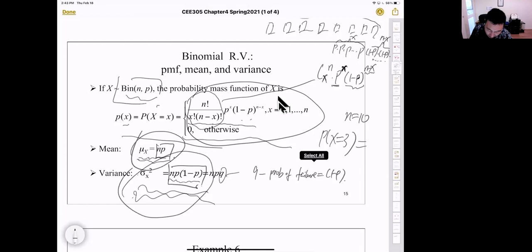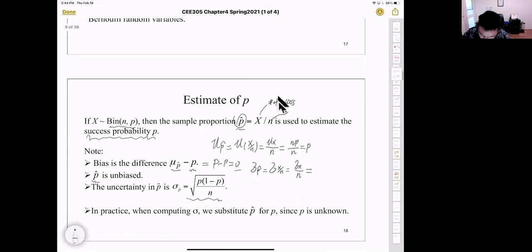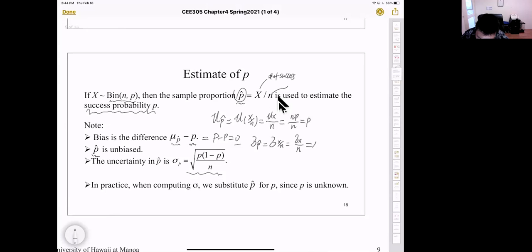So this is sigma x squared. So sigma x will be the square root of np times 1 minus p. So here we become the square root of np times 1 minus p, divided by n. Simplify that, it will become this. So the uncertainty is equal to this. As we can see, if we increase the sample size n, the uncertainty will become smaller.